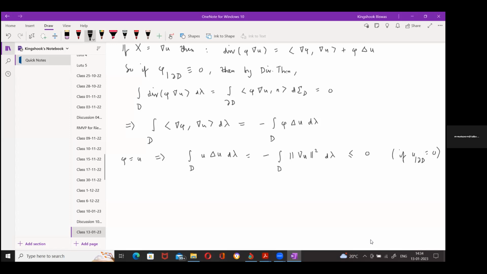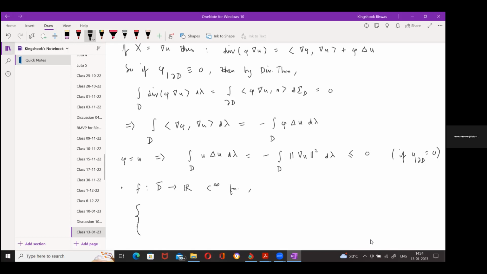Okay, so I want to talk about the heat equation. Now suppose f is a smooth function on D closure, and I have a solution to the heat equation.